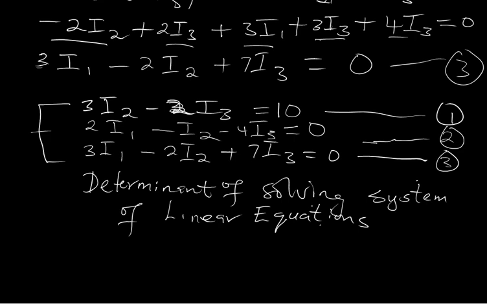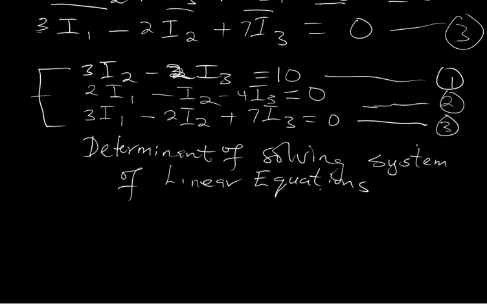If you encounter such a situation, you need an easier way of solving such equations. So now I'm going to introduce the matrix and determinant method, called Cramer's rule.